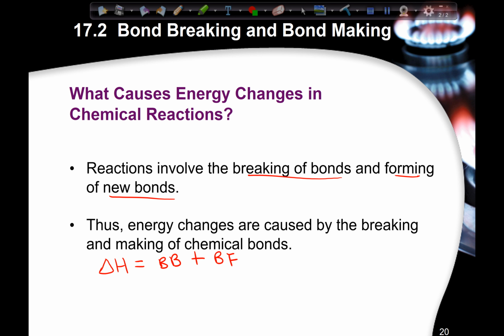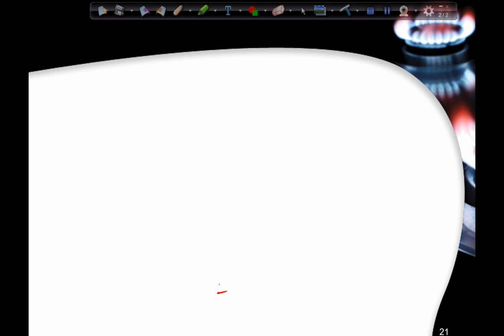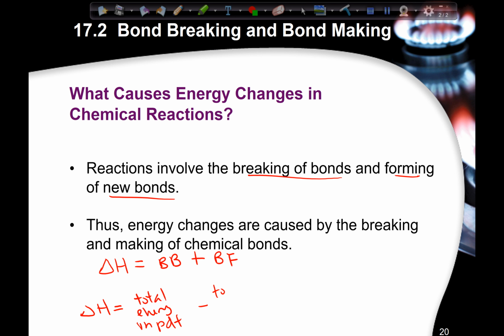Remember, this is very different from the first equation we learned, where enthalpy change equals the total energy in the products subtract the total energy in the reactants. This is for the overall reaction.